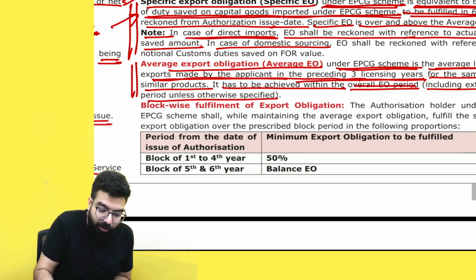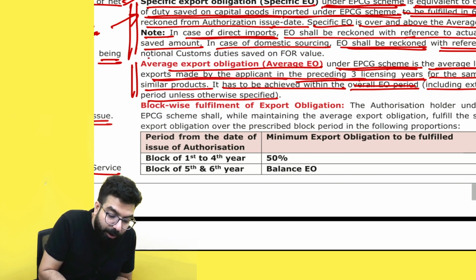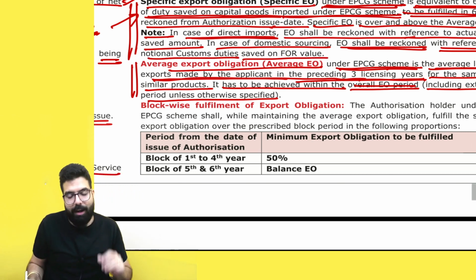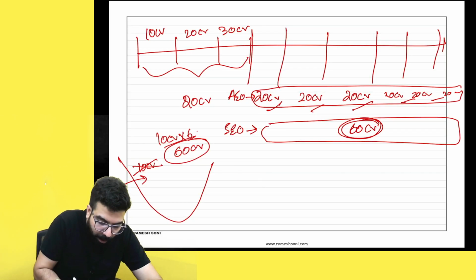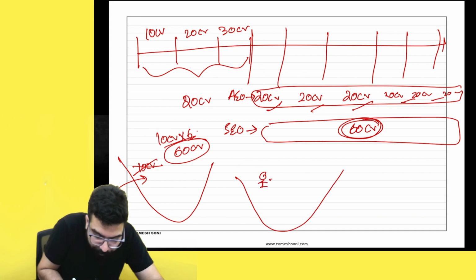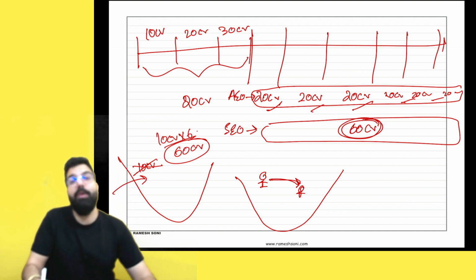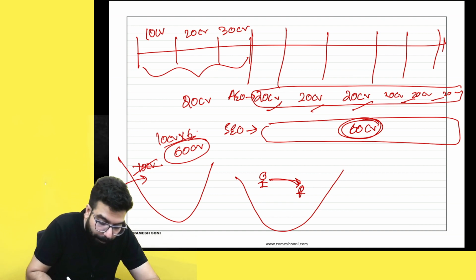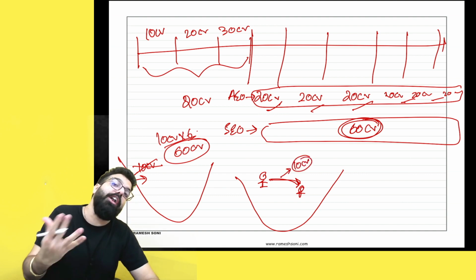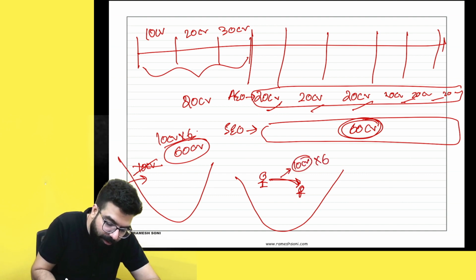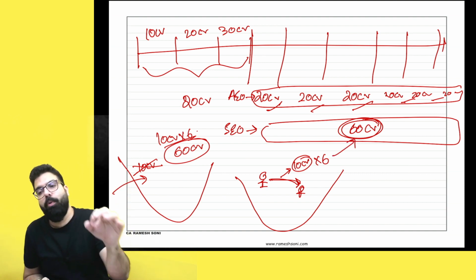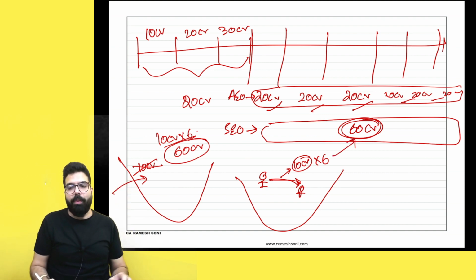In case of domestic sourcing, export obligation is to be reckoned with reference to the notional customs duty saved on the FOR value. Sir, if I have bought these goods domestically, then what would have been the notional customs duty if I had imported these capital goods? Suppose I would have paid 10 crore. Then 10 crore into 6, 60 crore will be your export obligation.